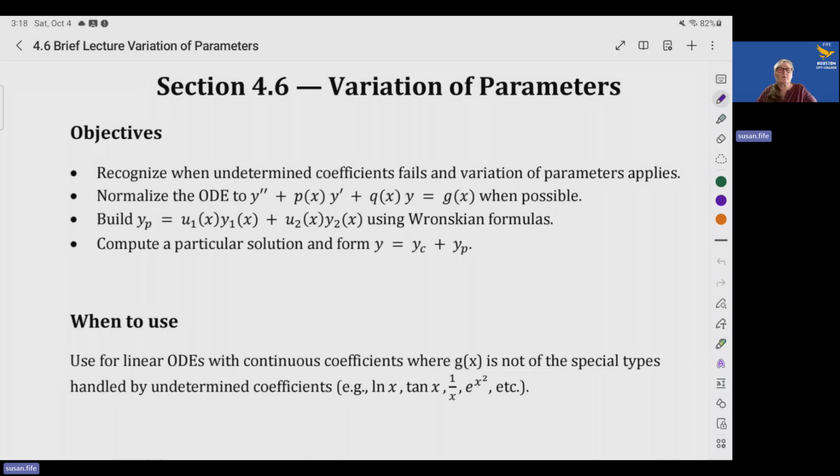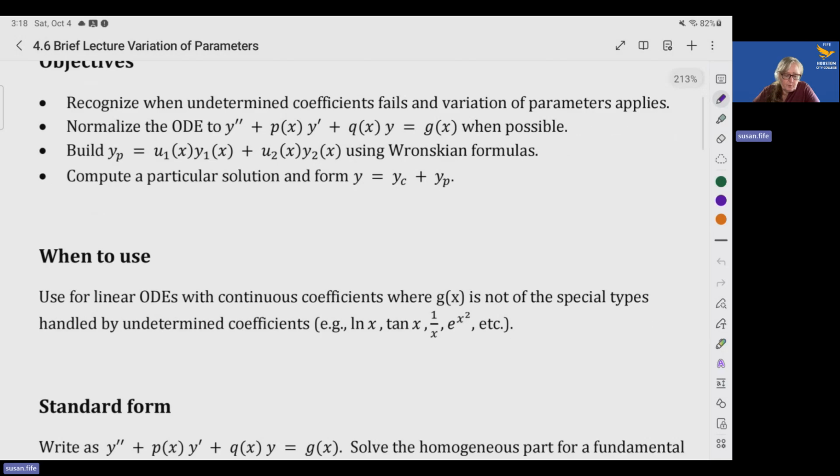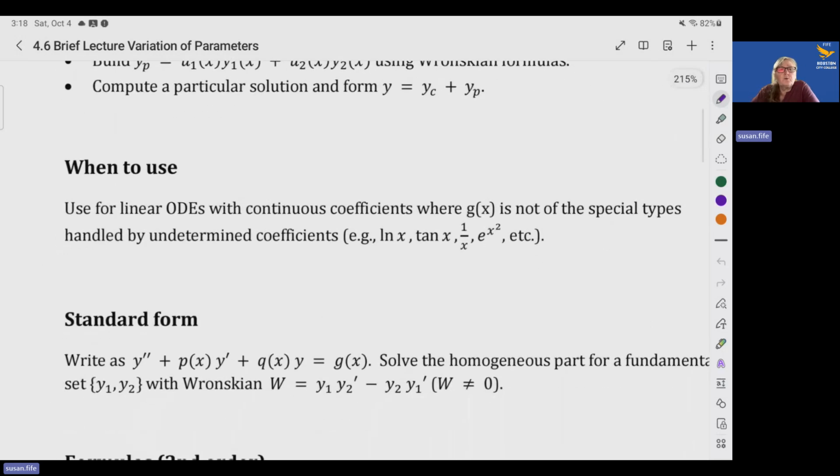Okay, so when do we use variation of parameters? We use variation of parameters when the function g of x is not one of the special types handled by the method of undetermined coefficients.